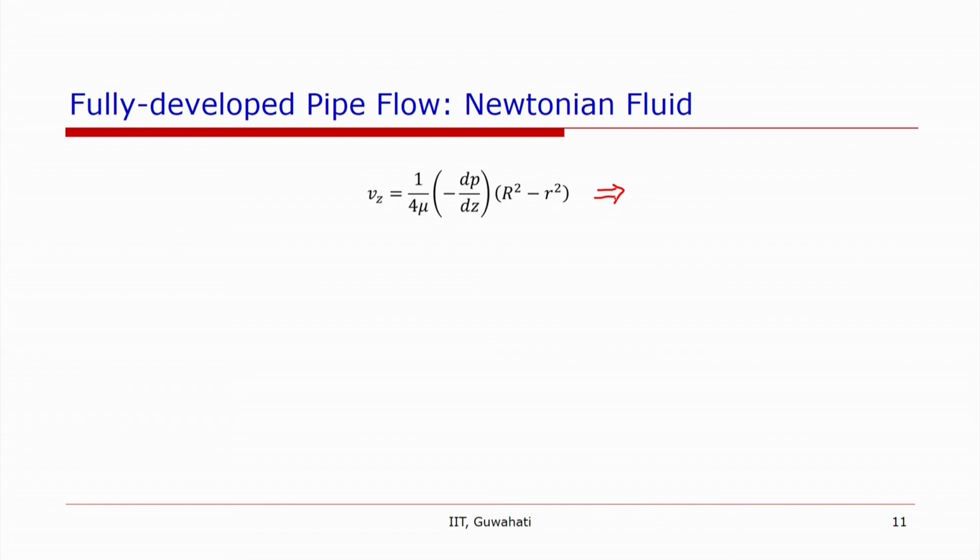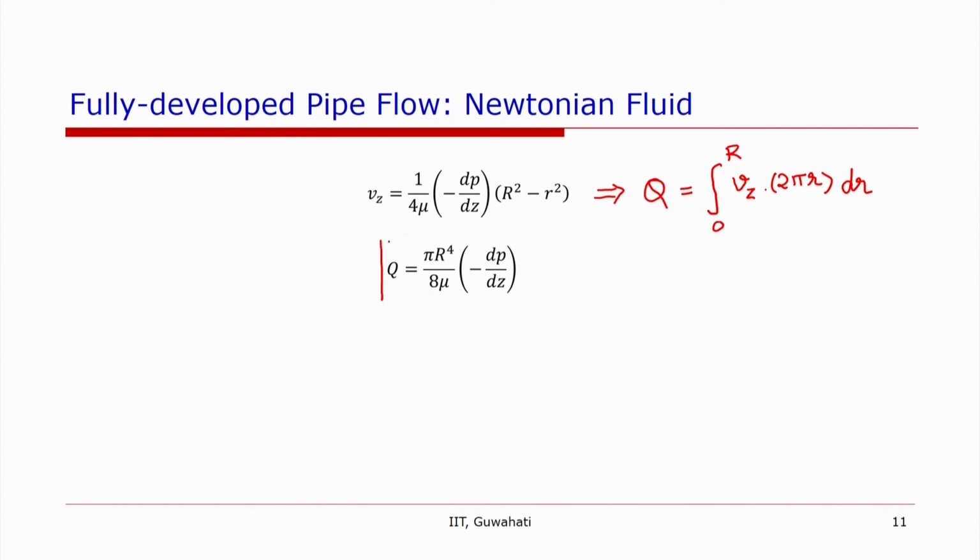Using this profile, the volumetric flow rate Q is equal to the integral from 0 to r of Vz into 2 pi r, which is the area of a differential element that we take on a cross section, into dr. After the integration, we will obtain this relationship between flow rate and the pressure gradient.